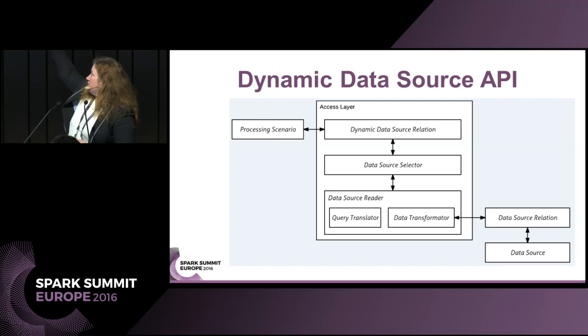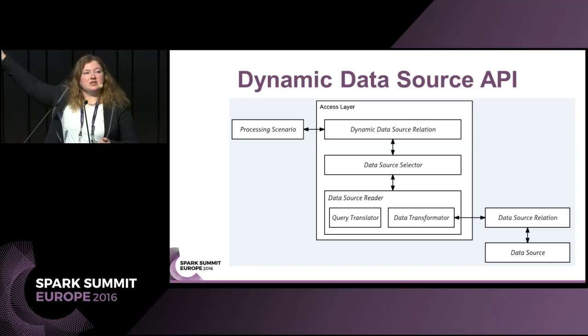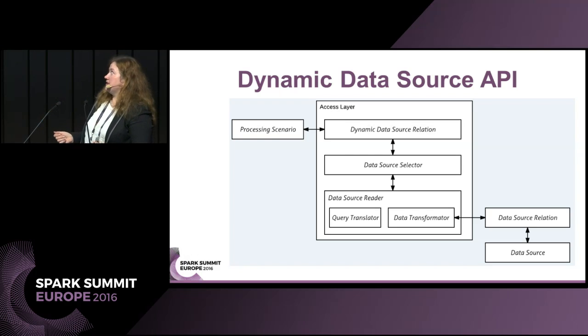In the default situation, we typically have a data source and data source relations, what you would call actually a Spark driver for some data source. But in Spark, it's called data source relation. And from the other side, you have the processing scenario of Spark. So with our extension, we make a new data source relation.